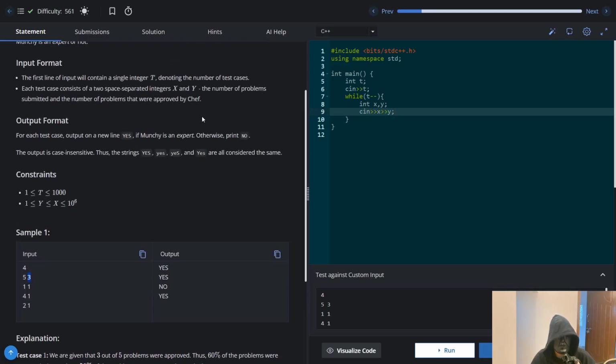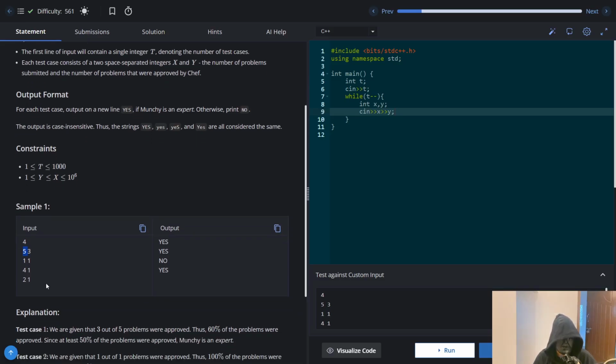As in the question they've said x and y both are integers, so x can be odd or even, and y can be odd or even. If x is odd, 0.5 will be missed in this case, so we need to take care of 0.5 also, so that it is not missed. If you consider this case, 5 plus 1 is 6, by 2 is 3. The 0.5 is useless, so the next greater element is 3, so we need to check if the y value is greater than or equal to 3. In that case we'll have to return yes. I think that's pretty much what I'm trying to say.